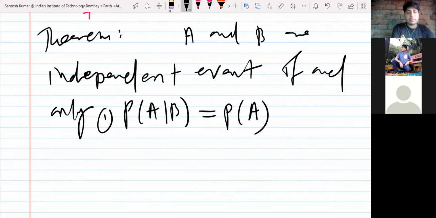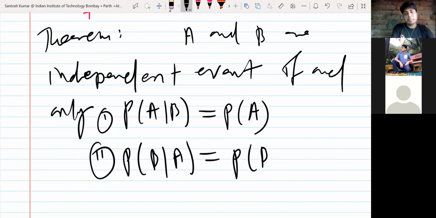Second, you can write probability of B given A is probability of B, which means whether A is given or not doesn't matter because they are independent.